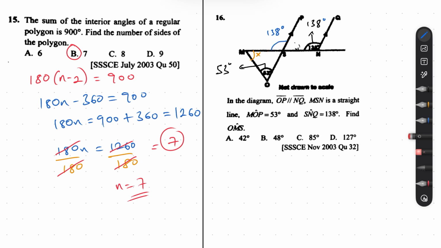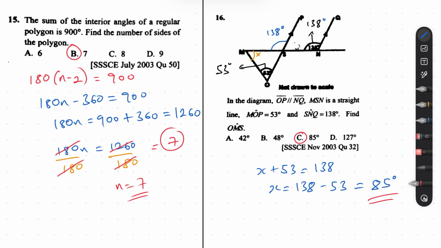So over here, X and 53, when we add them, we're supposed to get this opposite exterior angle, which is 138. So X plus 53 should give us 138. So we have X to be 138 minus 53, and that will be 85. So that is our answer, and it is C.